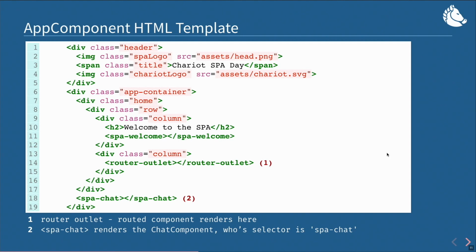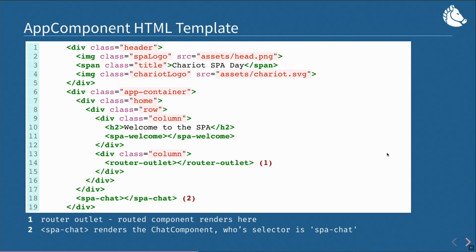Here's the HTML template that component was pointing to. And by the way, I switched over from the default generated application to our spa day application because the default generated application doesn't have anything interesting in it. So you can see it's mostly HTML, or actually in this case, all standard HTML.